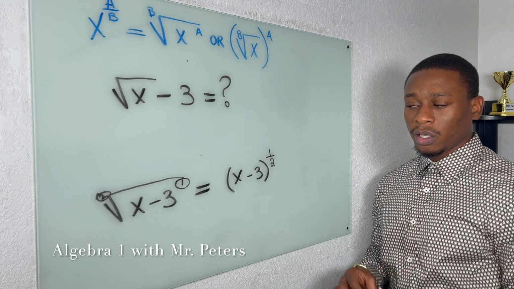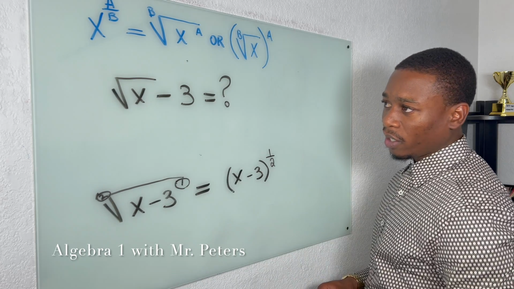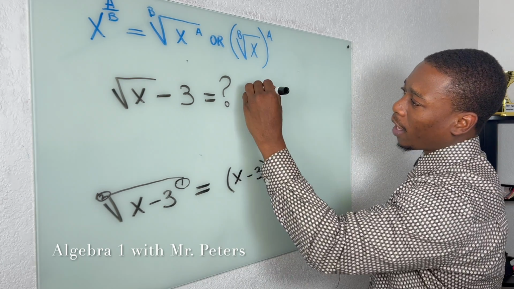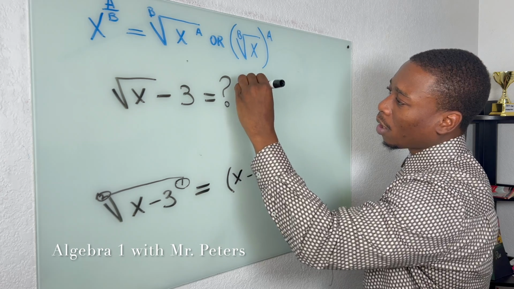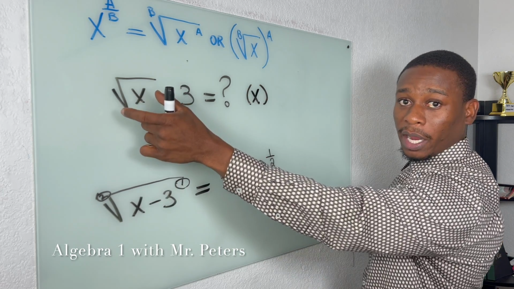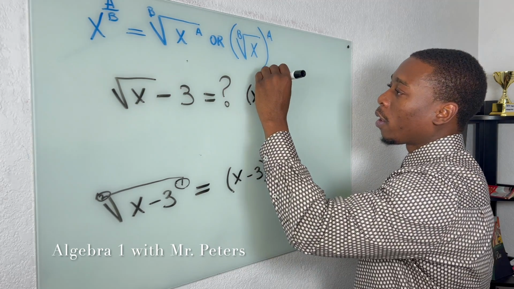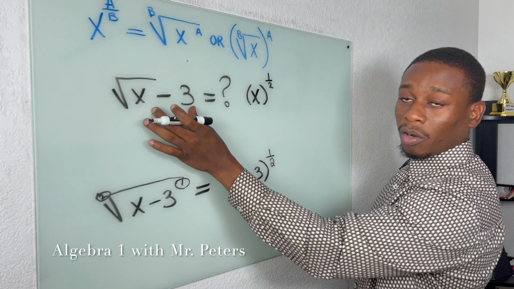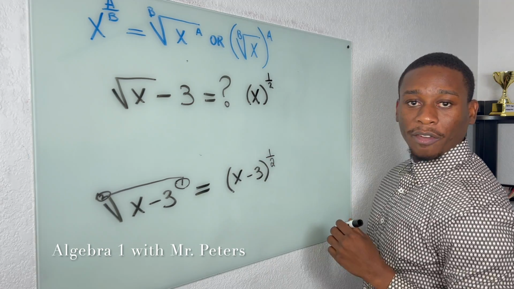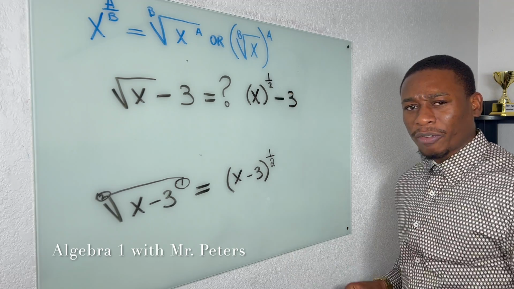Well, for one, we see that only x is under the radical, right? So I'm going to have x in parentheses. I'm going to put it to the 1/2 power, right? Because there's nothing there, so we assume power is 1, root is 2. And then after that, we're just going to rewrite this. So x to the 1/2 power minus 3. And this will be our final answer.